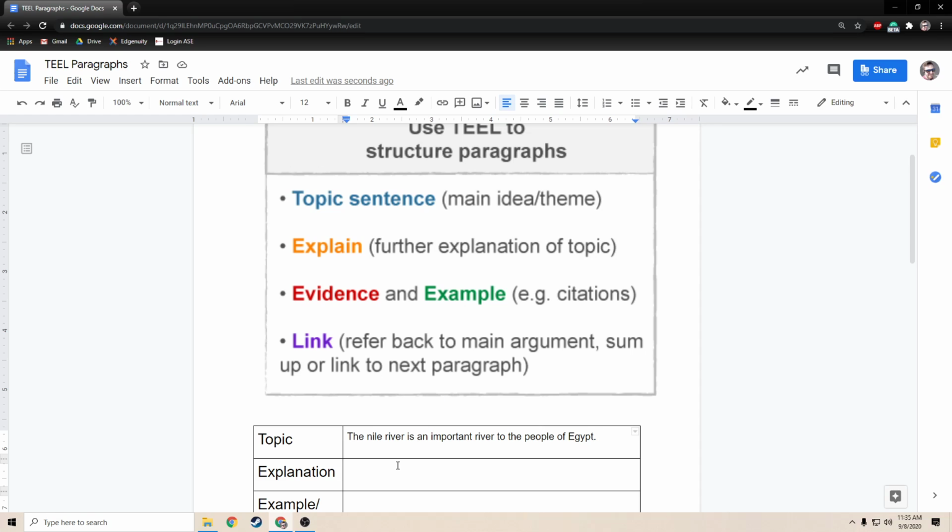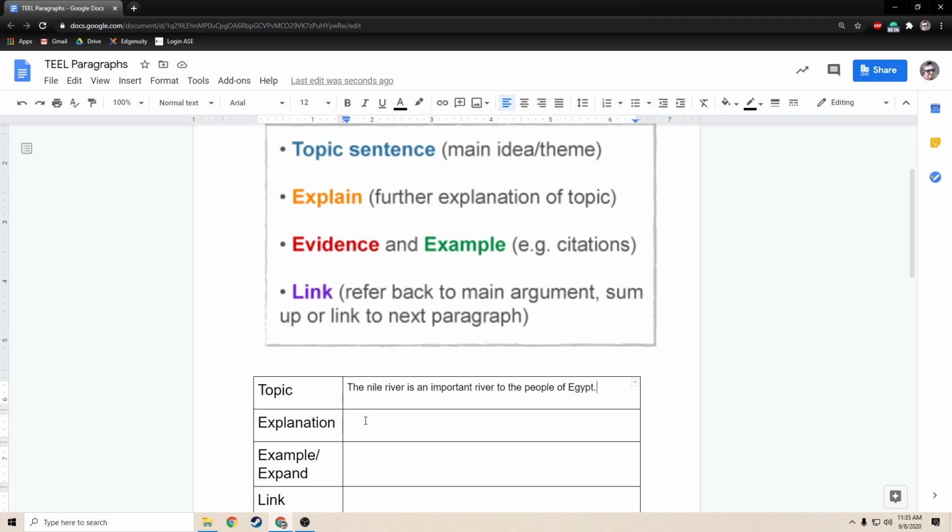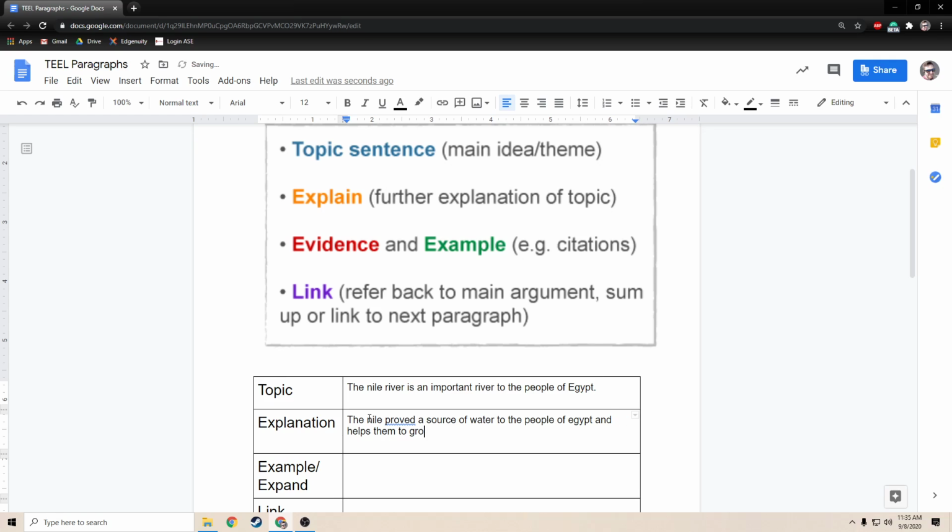Here is where I can go into further explanation, and this explanation can then lead into multiple other paragraphs. So, following my example, I can include how this river is important to the people of Egypt. The Nile provides a source of water to the people of Egypt and helps them to grow crops.